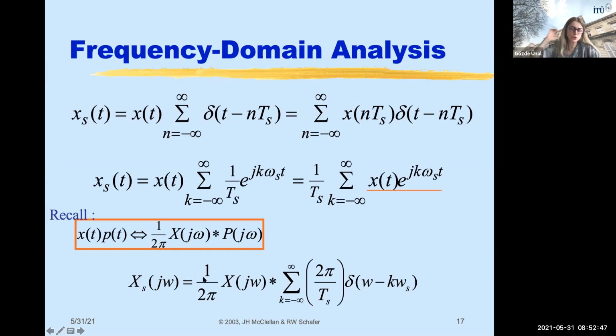I think we uploaded these slides, so I hope you took a look. Here, the shifted impulse you see is in the frequency domain. I mean, the Fourier transform shows the expected frequency shift. Okay?